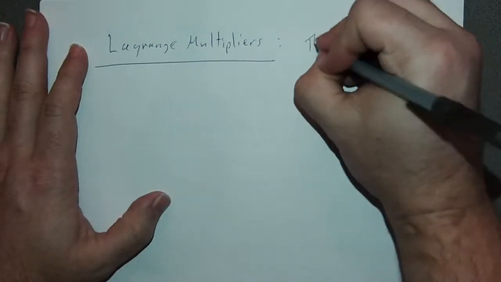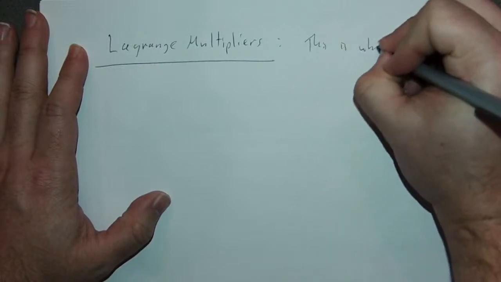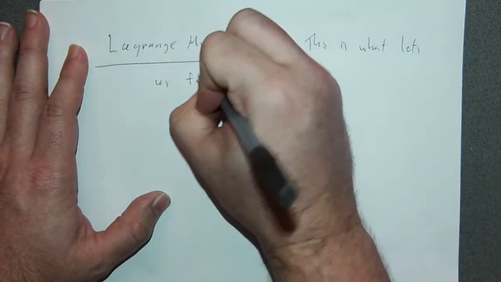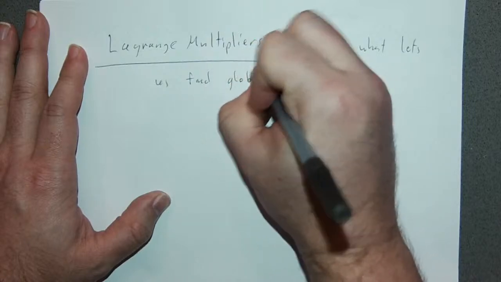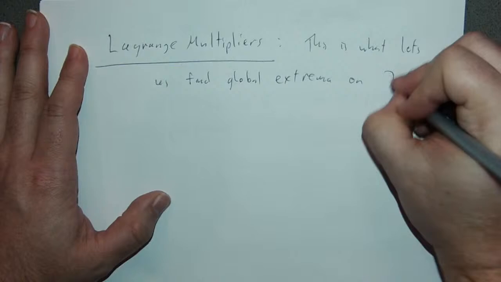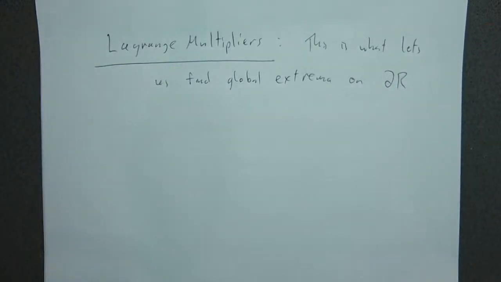So this is what lets us find global extrema on the boundary of some region. Without this, it's pretty much undoable for us. Okay. And so, what is the statement? Okay, what is the theorem?